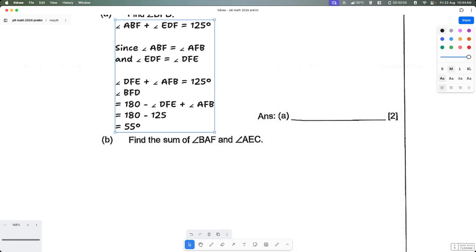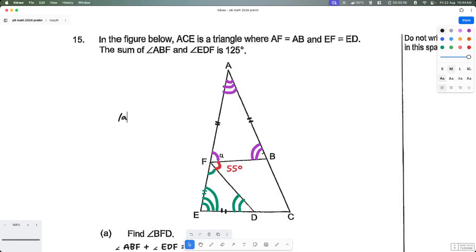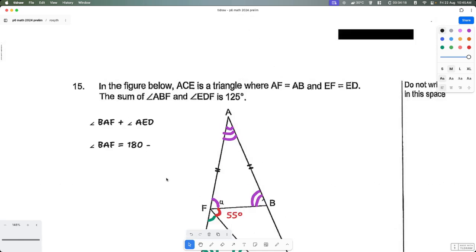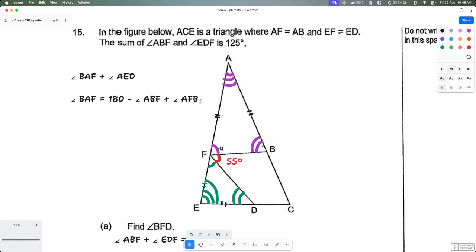If you want to know the triple-line angles, BAF plus angle AED, which is also the triple line. What is BAF? Angle BAF is equal to 180 minus ABF and AFB, the two purple angles.